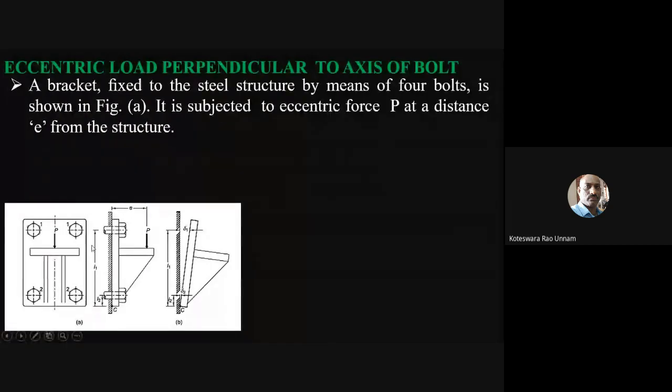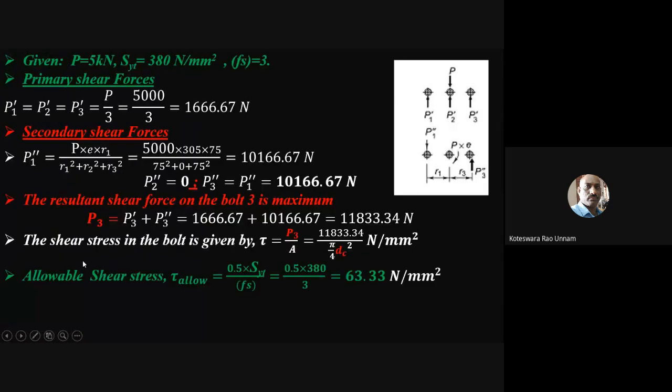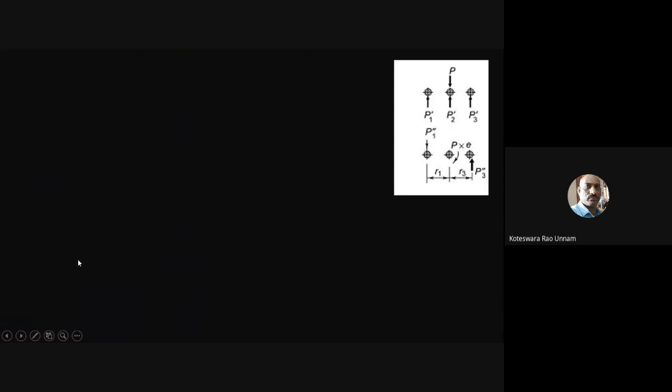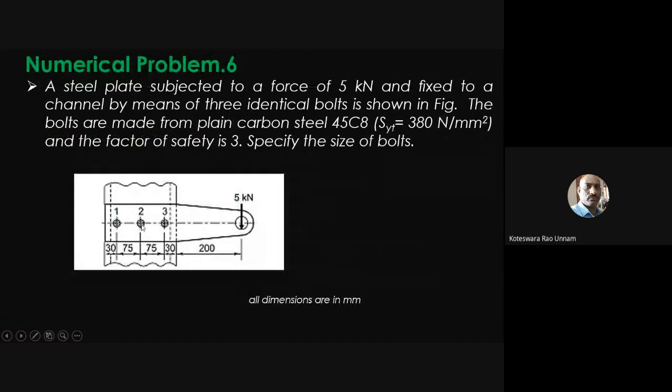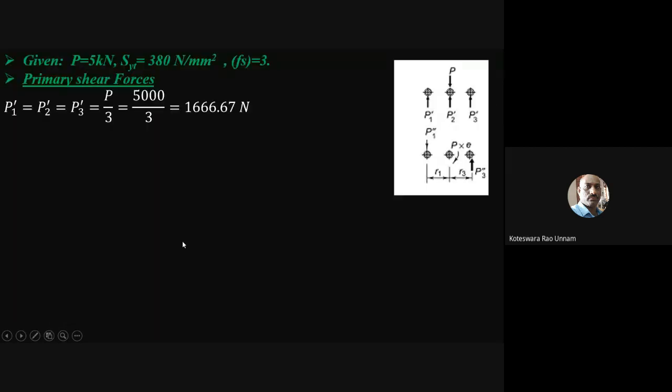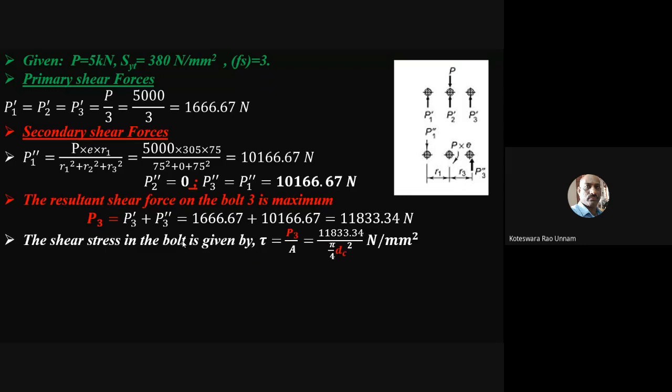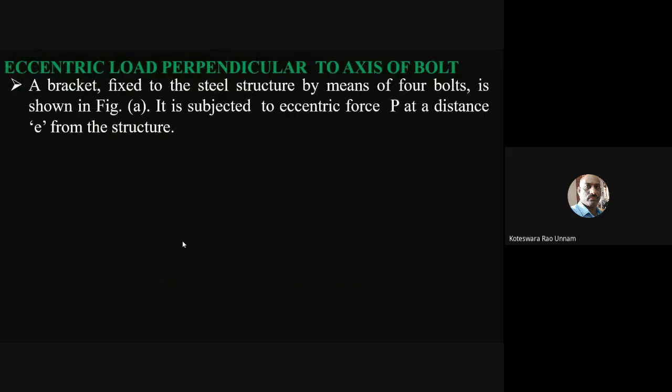Earlier we defined the eccentricity as the perpendicular distance between the load line and the center of gravity. Now it is not the case, because the load is perpendicular to the axis of the bolt.